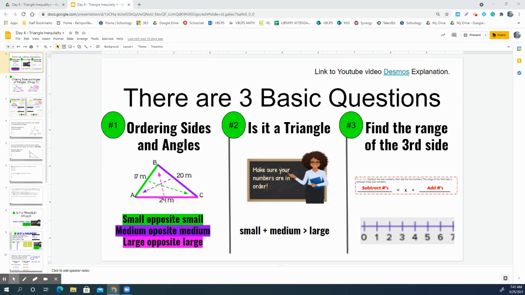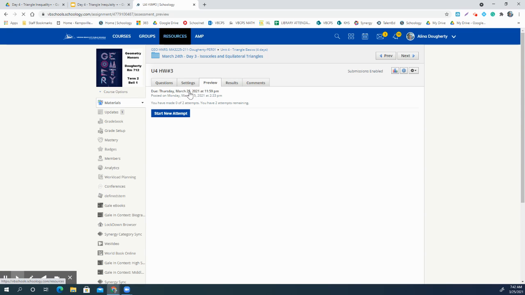It's questions 3, 4, and 5 that I want to look at on the homework.